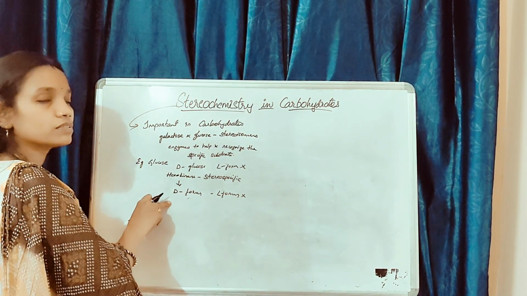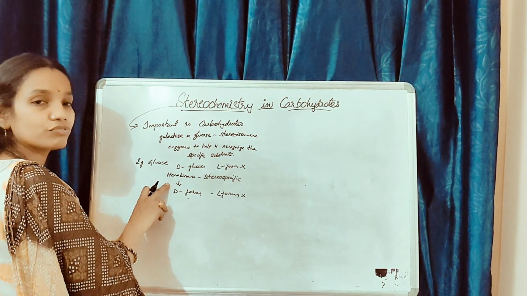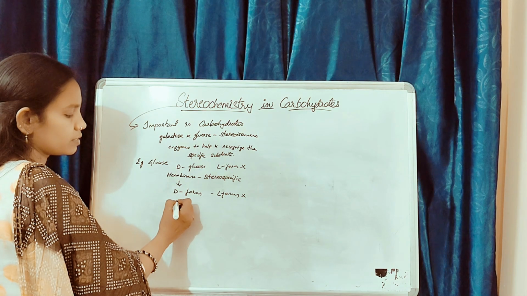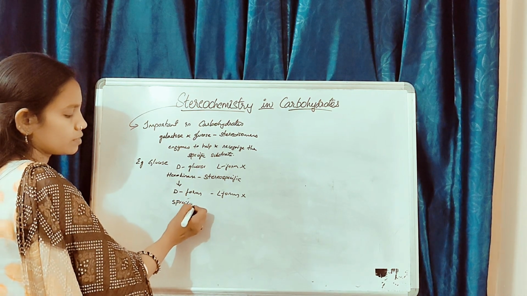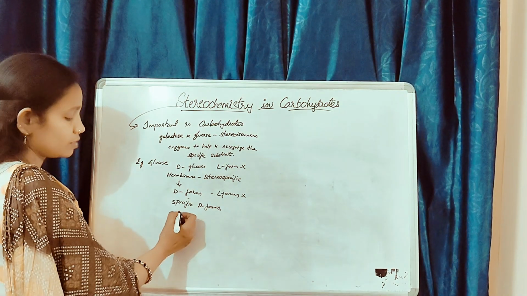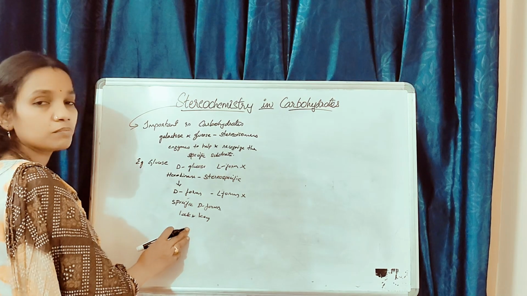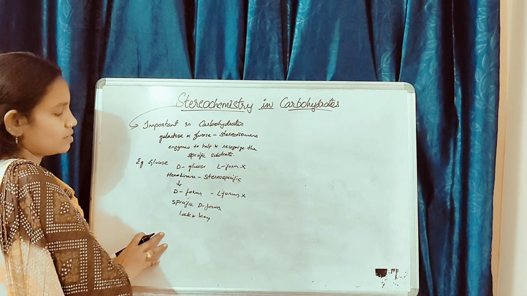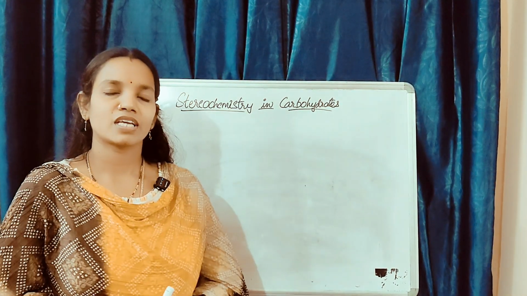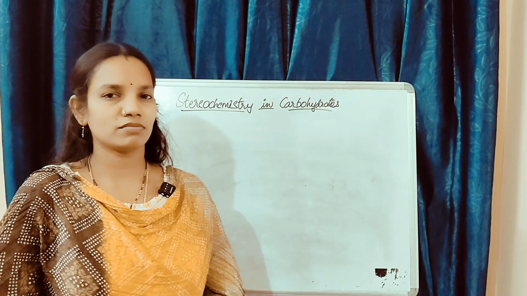So this is because the chirality of the enzyme which have been evolved to fit only to the specific D forms, like a lock and key, means a particular lock fit to a particular key only, right? Is it clear? Now let's break down the important terms you must know, right?